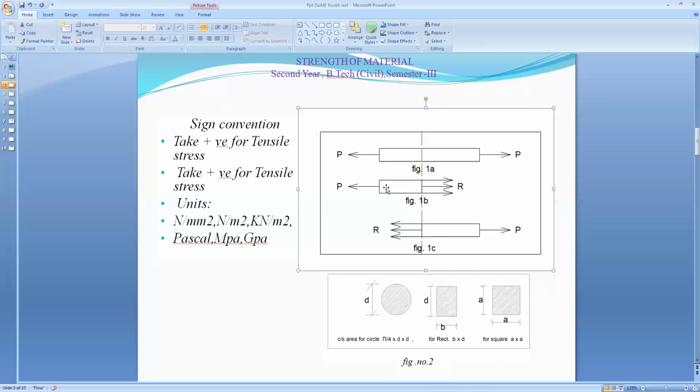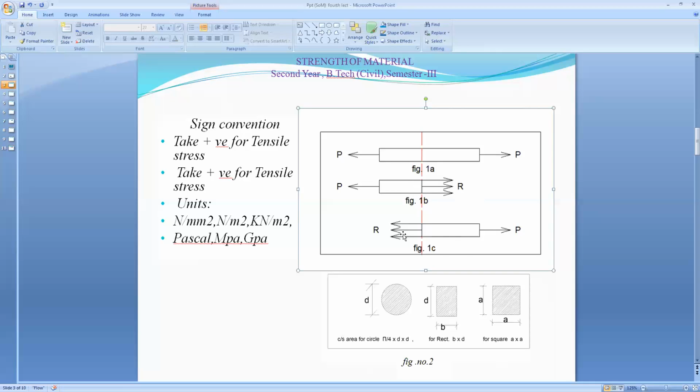In figure 1B, we can see that the rightward part of the section is cut by that particular XX section, and instead of the capital P, there is the occurrence of capital R, the internal resistive force. This internal resistive force should be equal to capital P up to the elastic deformation.